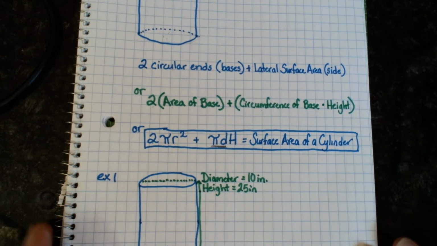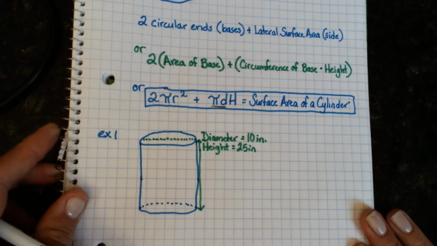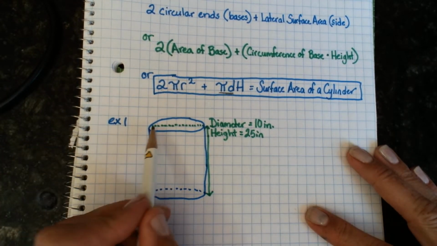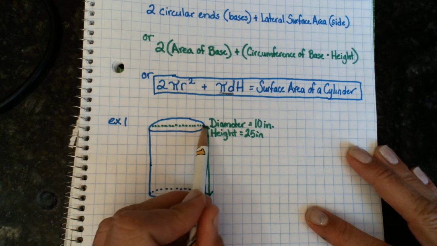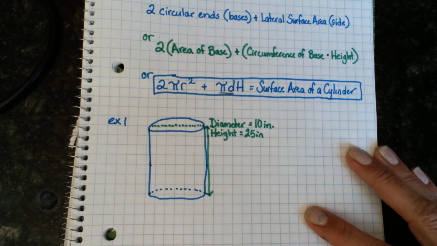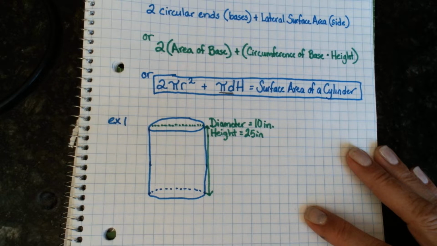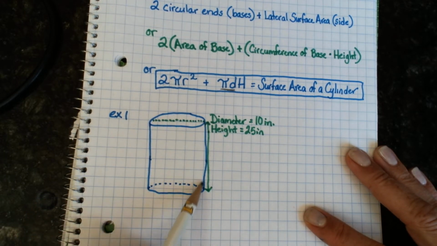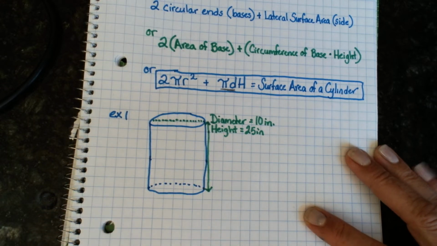Now let's move on to example 1. For example 1, we have a cylinder, and we are told that the diameter of the circle of the cylinder is 10 inches. And the height of the cylinder, the distance between the two bases, is 25 inches.